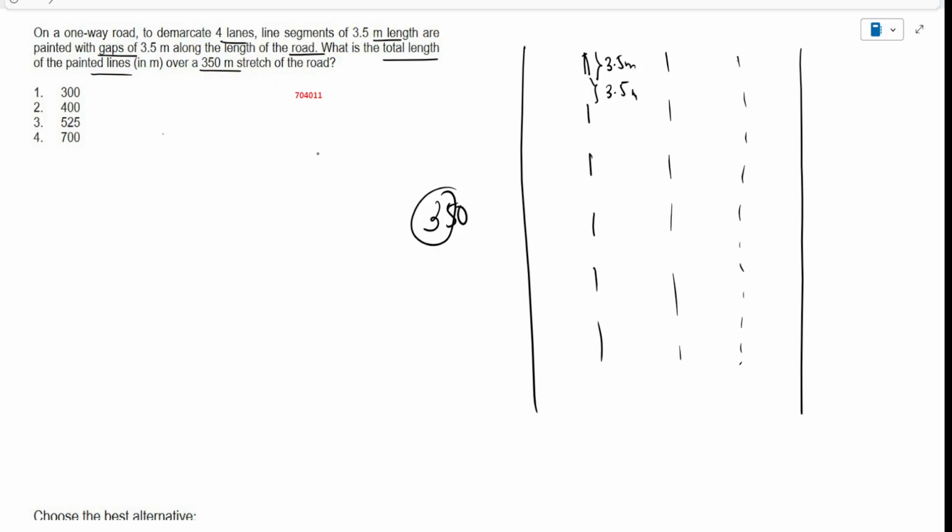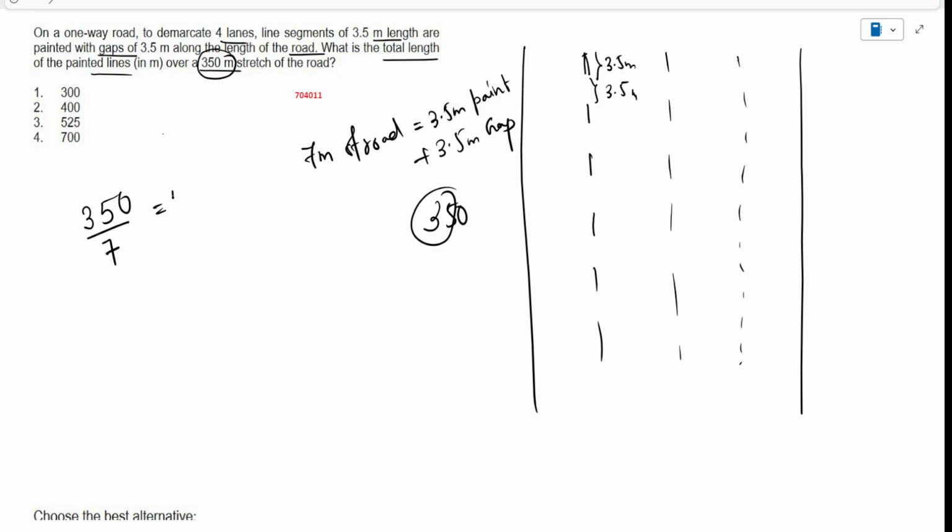Therefore, in 7 meter of road, they cover 3.5 meter paint plus 3.5 meter gap. Fine, in a 7 meter long road. Now, what is the total length of the road? So how many times is this 7 meter covered in the 350 meter for one line, which is 7?